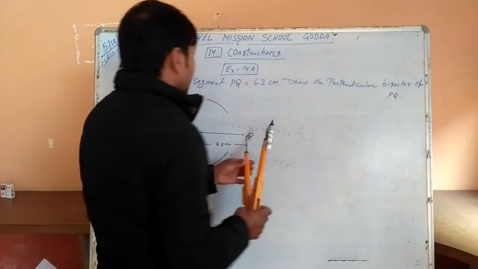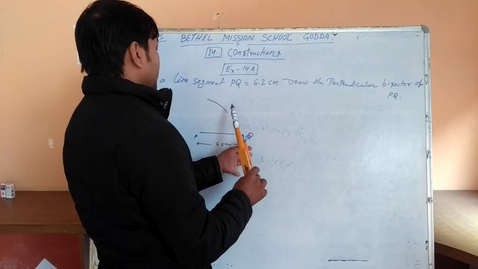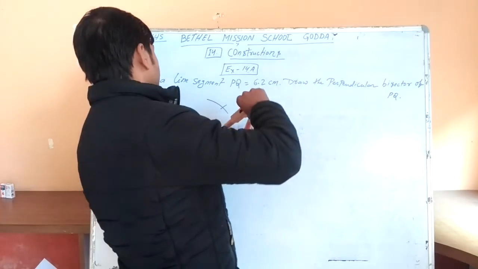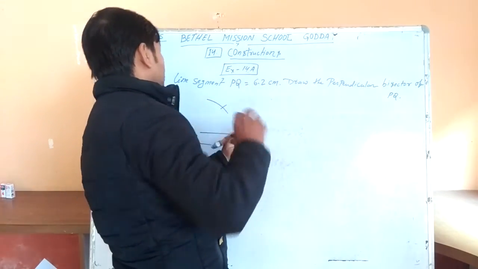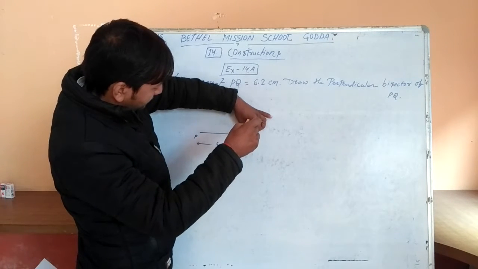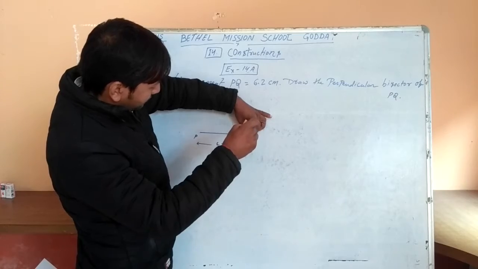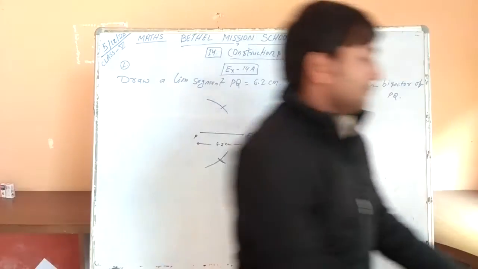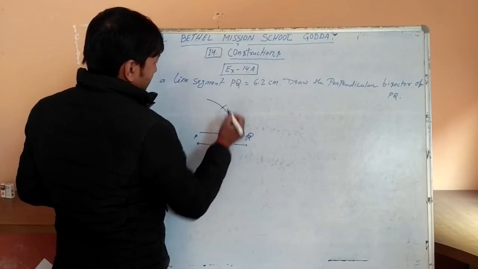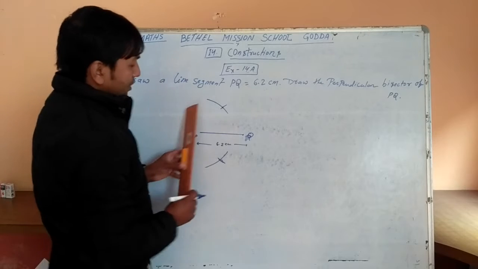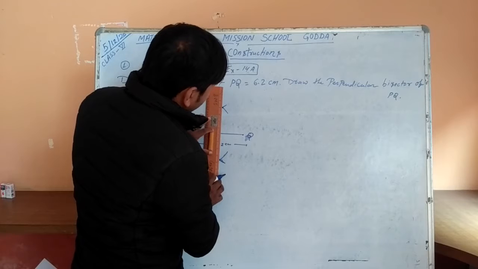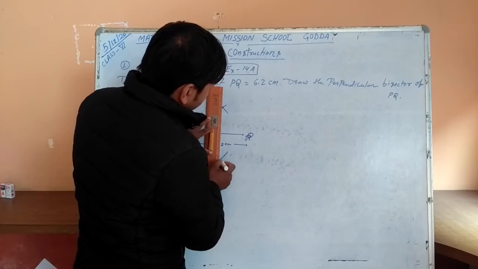Okay, and now take the point at Q, cut this, and also here. Okay, now you got 2 points, this one and this one, and draw a line matching those points.